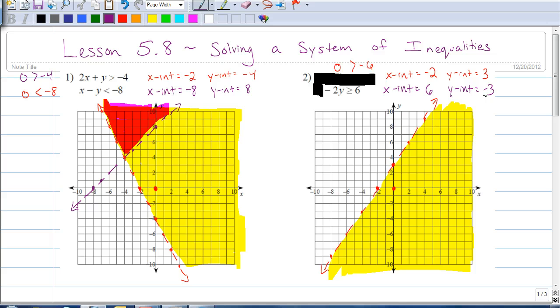So now when I go to graph this, my x-intercept is 6. My y-intercept is negative 3, meaning I go up 3 over 6, or down 3 to the left 6. Or I could even say up 1 over 2, up 1 over 2, to get some more points here. But otherwise, I want to make sure I connect these and use a solid line.